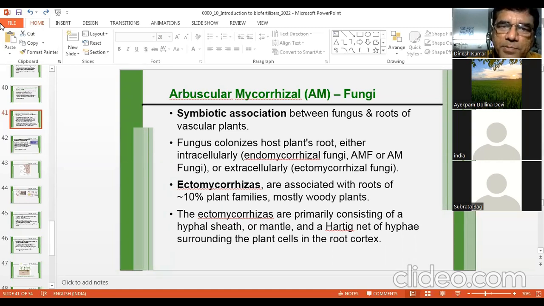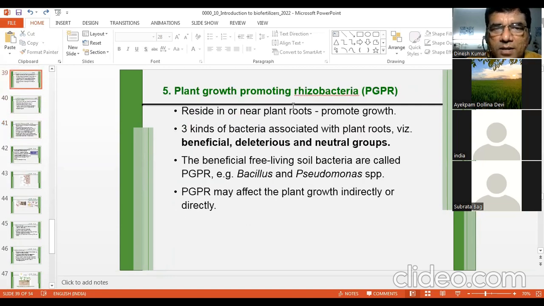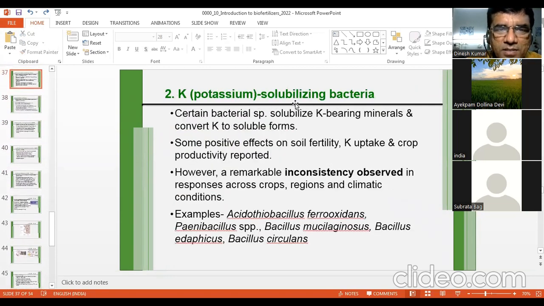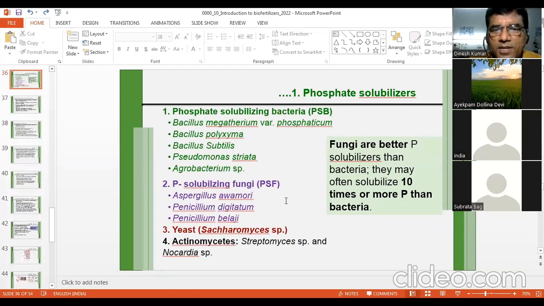And if we say phosphate solubilizing bacteria, then only bacteria we need to tell. I have given you the list somewhere here. It is here. If we call phosphate solubilizing fungi, you have Aspergillus awamori, Penicillium digitatum, and Penicillium. So the list is here. These all are actually phosphate solubilizing microorganisms. And if you want to specify, you can.